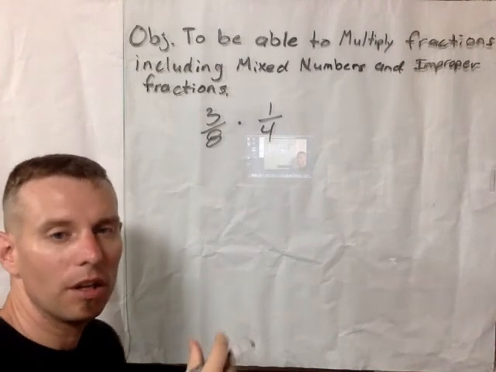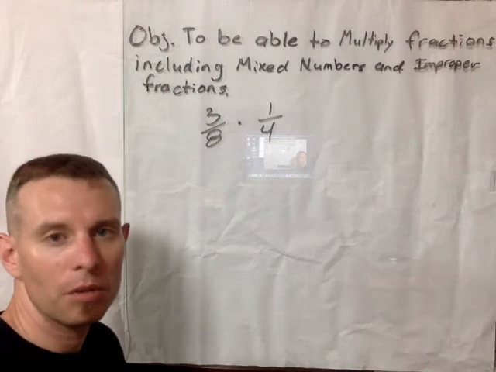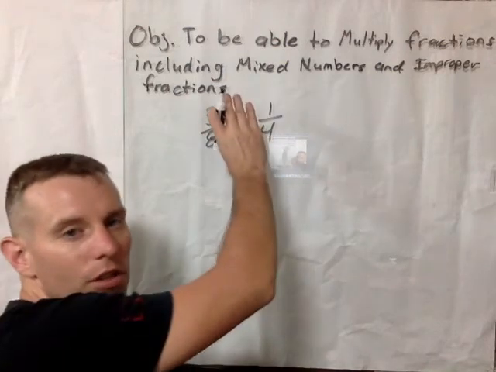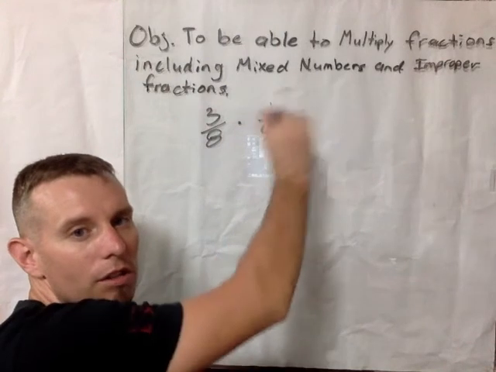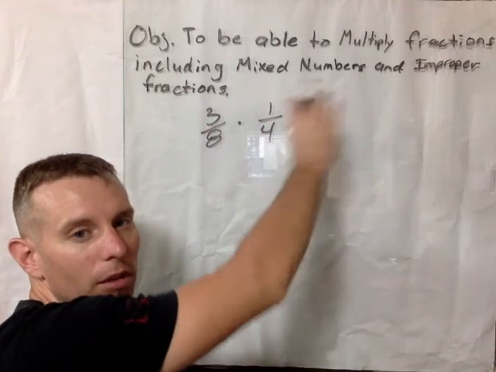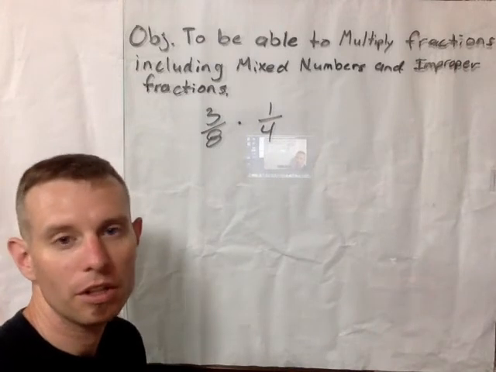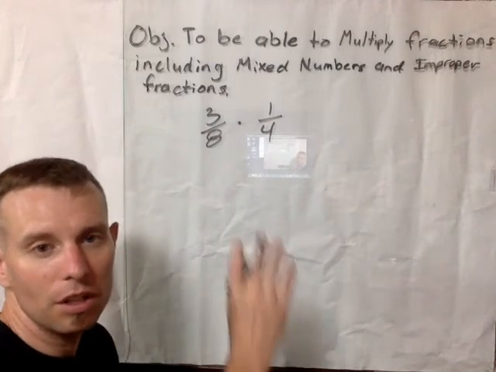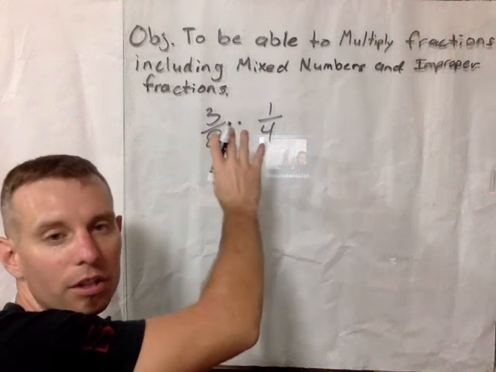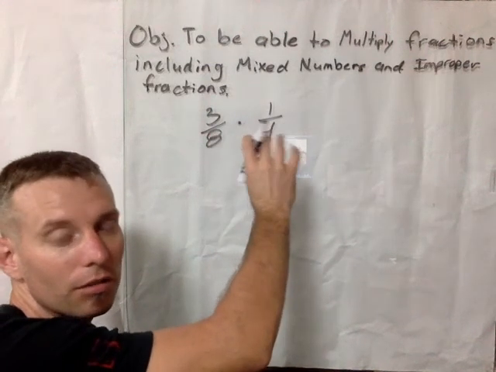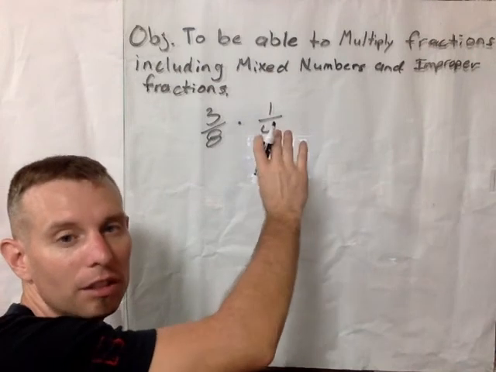So now I want you to be careful when we start doing multiplication and division. We can just go ahead and multiply straight across the top and straight across the bottom. That is not the case for addition. Remember, for addition and subtraction, you need to convert these fractions into equivalent fractions that have the same denominator.